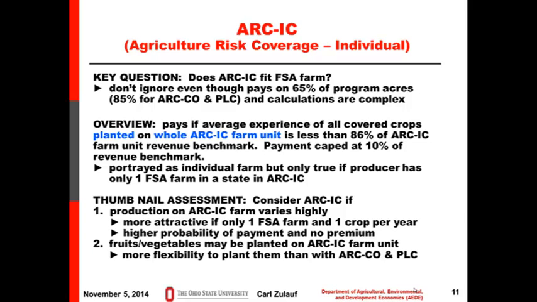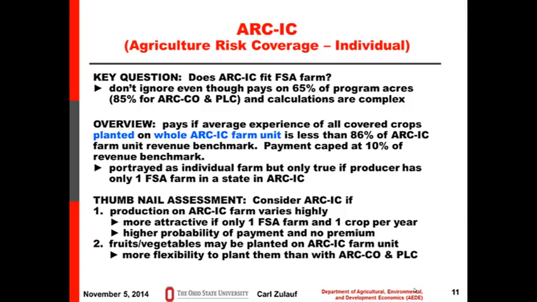The 2014 Farm Bill has relaxed the restrictions. Specifically, it says that you can plant fruits and vegetables on non-payment acres and still continue to receive payment, even if you plant those non-payment acres to fruits and vegetables.